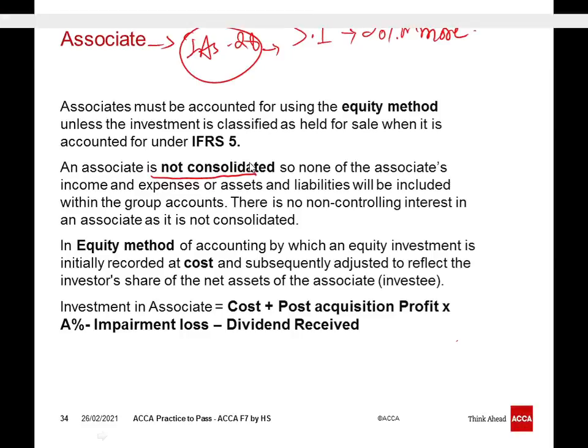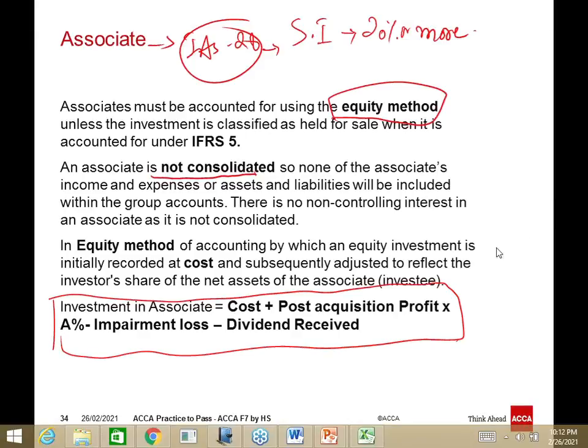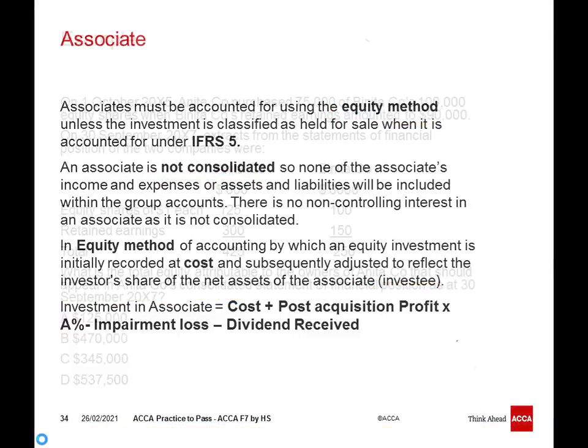We never do the consolidation for the associate company. That means associate companies' asset, liability, capital, nothing will be reported on the consolidated balance sheet. Only you need to apply the equity accounting for this, and this will be the total accounting for the associate company. Previous MCQ final answer is B.